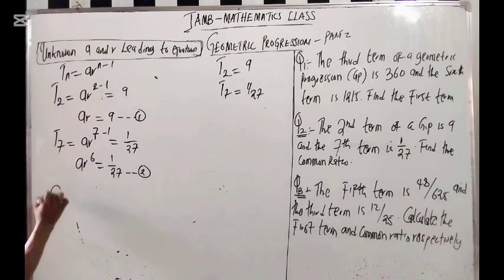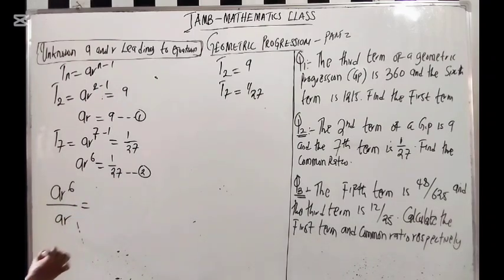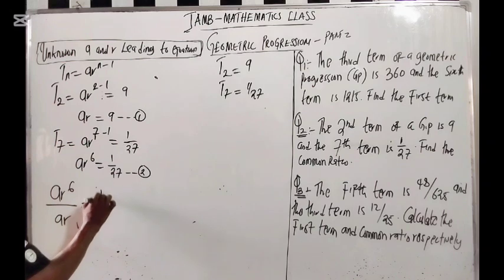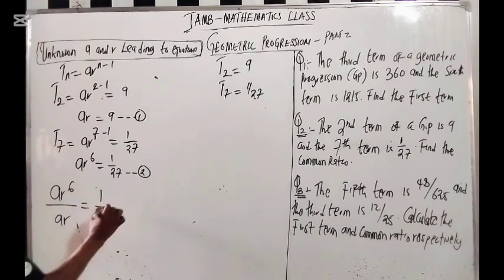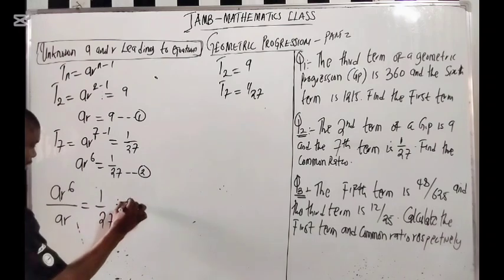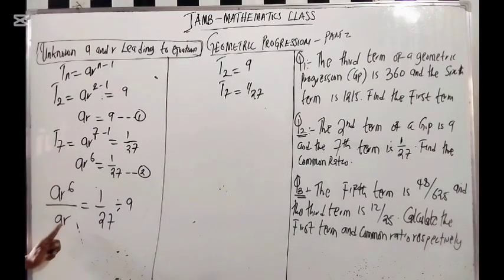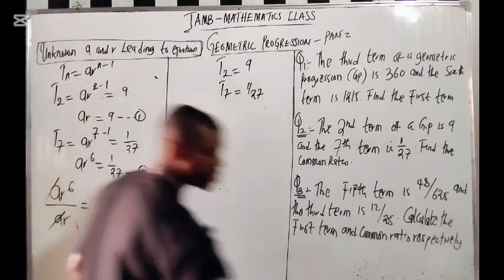It's going to be ar^6 over ar equals, here we already have a fraction, 1 over 27, divided by 9. When we divide, we cancel a, and r^6 over r we are left with r^5, right?